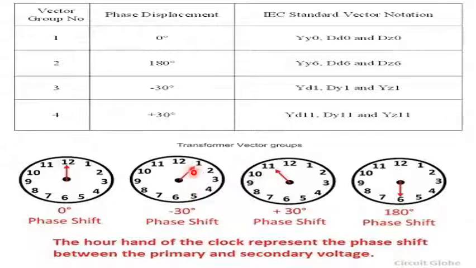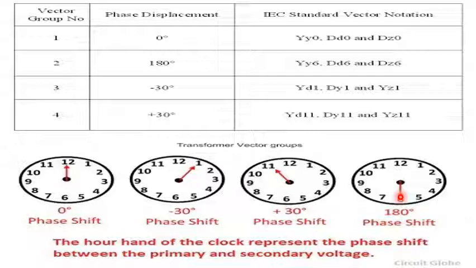Plus 30 degree phase shift means you just reverse this, so instead of the hour end at 1 o'clock, it becomes 11 o'clock. Similarly, for 180 degree phase shift, the minute hand is already fixed at 12 o'clock, so it shows 6 o'clock. This is the vector group representation.